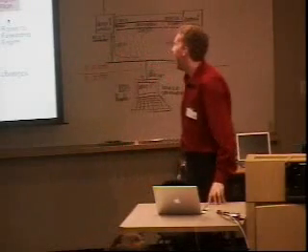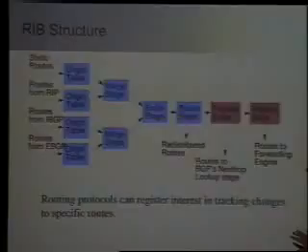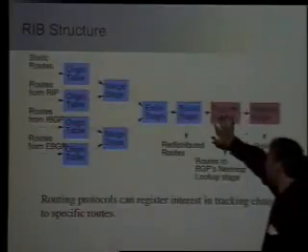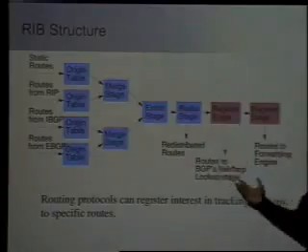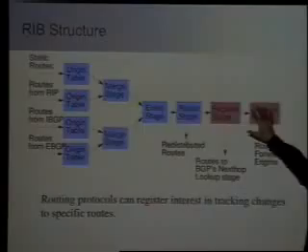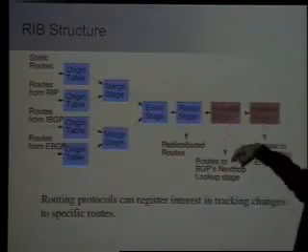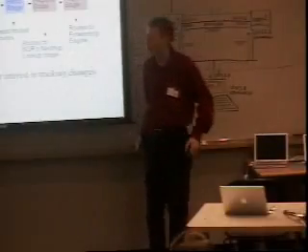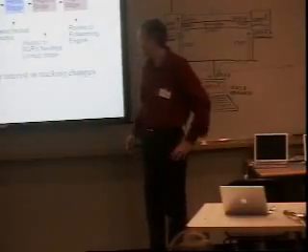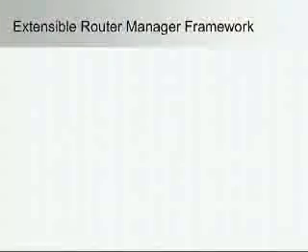And then what this lets us do is to have other routing protocols register interest in routes that match certain criteria. And so we can add these different dynamic stages into the RIB so that we can inform the other routing protocols about subsets of the routes, things that match different criteria here. I can talk about exactly how we do that later on if you want, but I was not going to do that today.